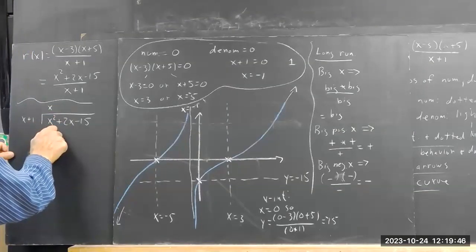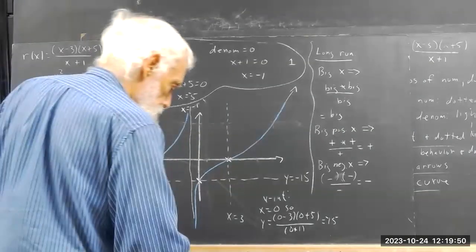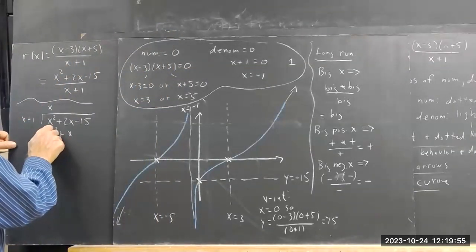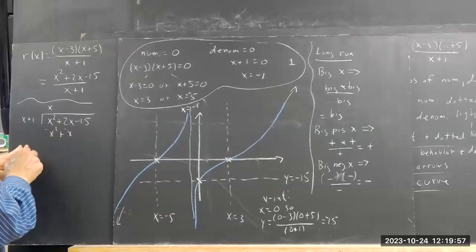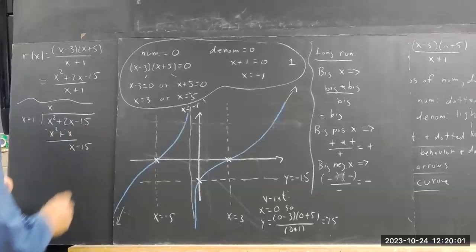We're going to get x here. We're going to get x squared plus x. We're going to subtract this from this. So I better put a little minus there and a little minus there just to keep myself honest. And I get x minus 15.